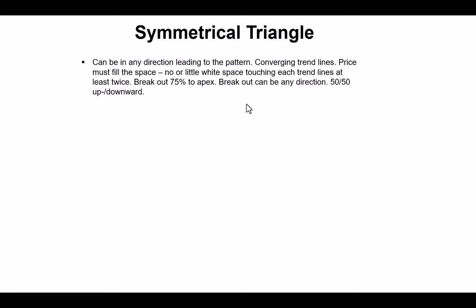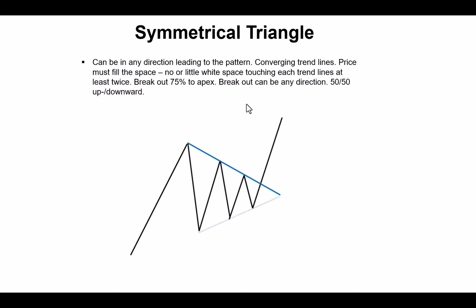But breakout can be any direction, so it can actually be both a continuation pattern and a reversal pattern. Statistically, it's 50-50 up or downwards. So here we have a symmetrical triangle.